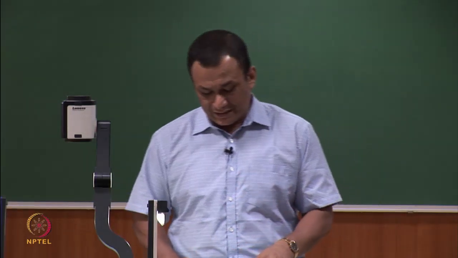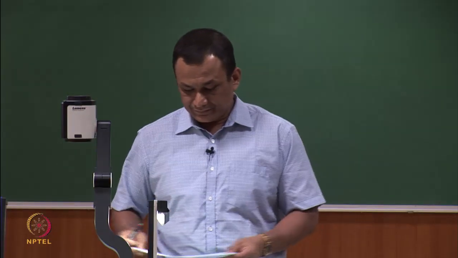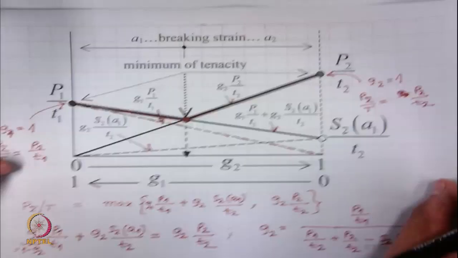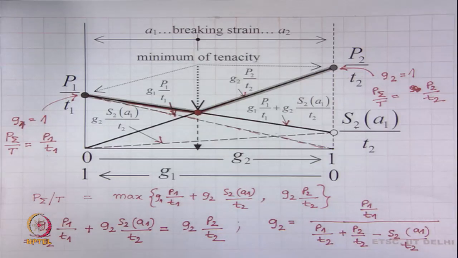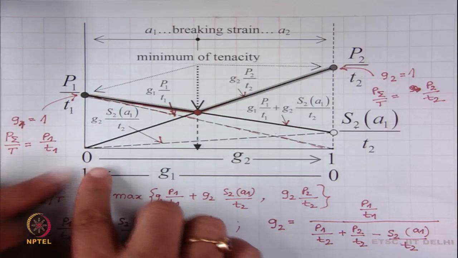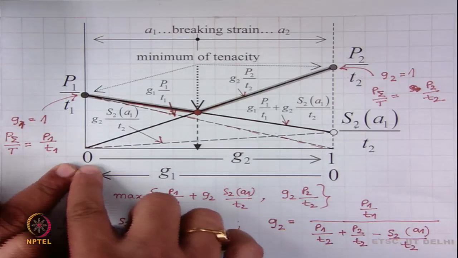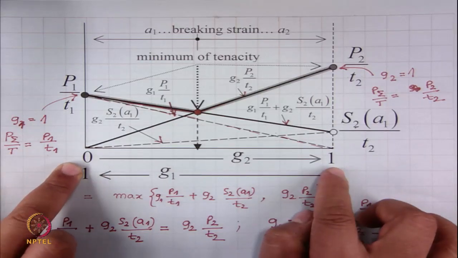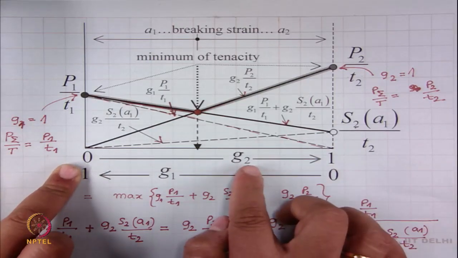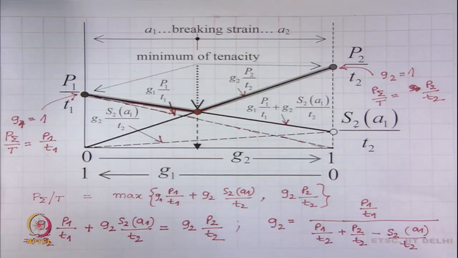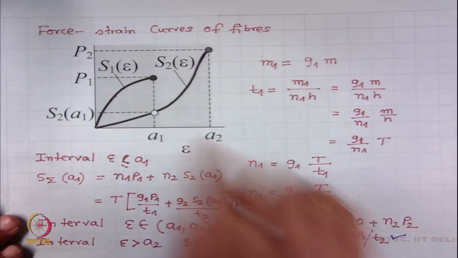What is interesting here to see, come back to this graph, look at this here, G2 is equal to 0 and G2 is equal to 1. And G2 is stronger than G1, type 2 fiber is stronger than type 1 fiber, you have already seen this.